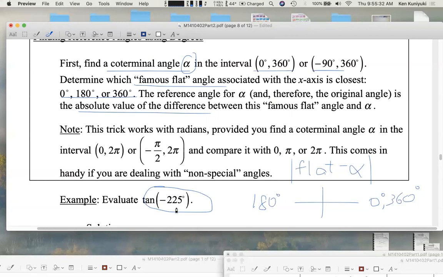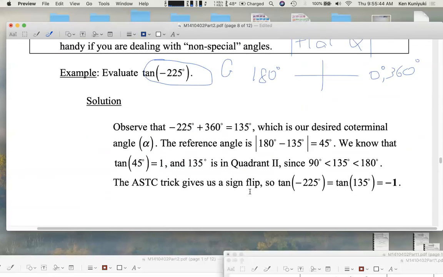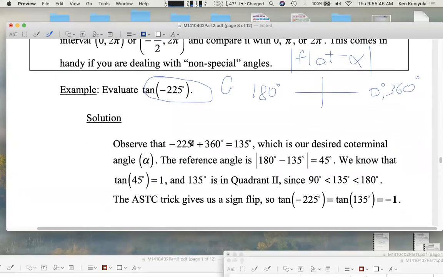How can we find a coterminal angle for negative 225 degrees? We add 360 degrees. When we do that, we observe that negative 225 degrees plus 360 degrees is 135 degrees. That's our value for alpha, the nice coterminal angle.